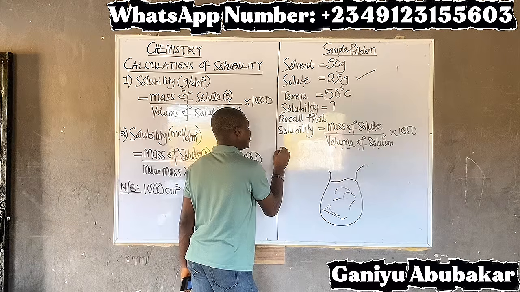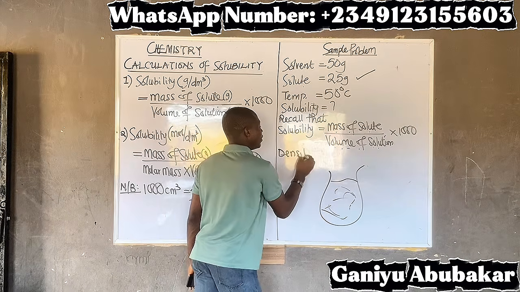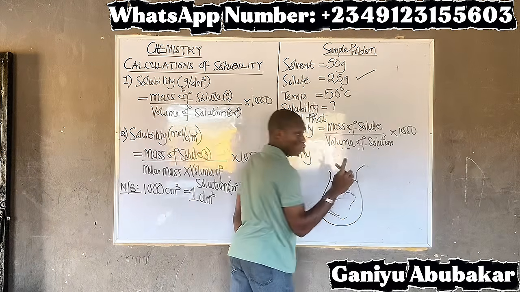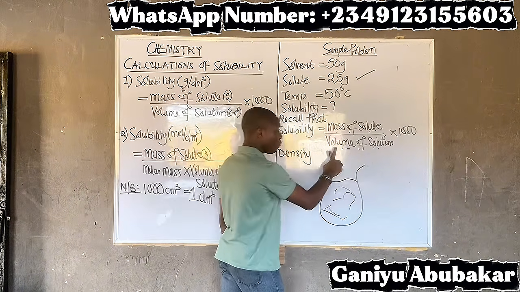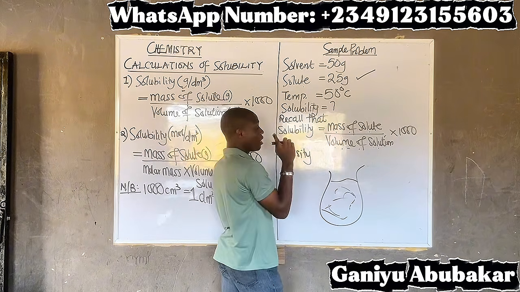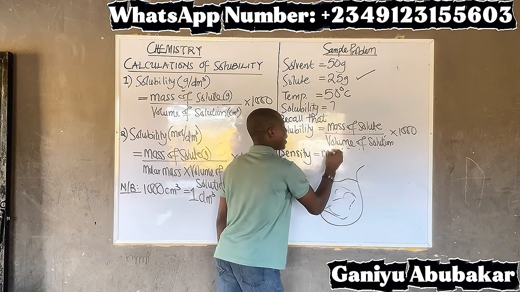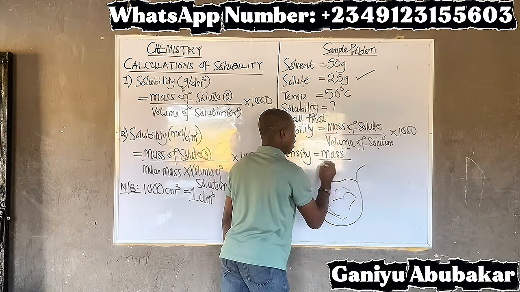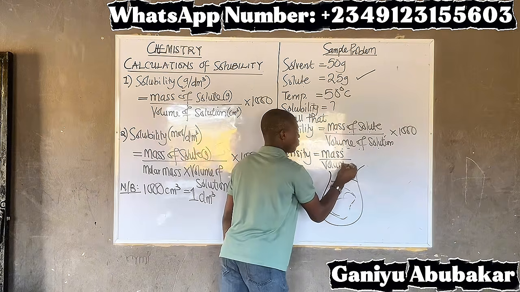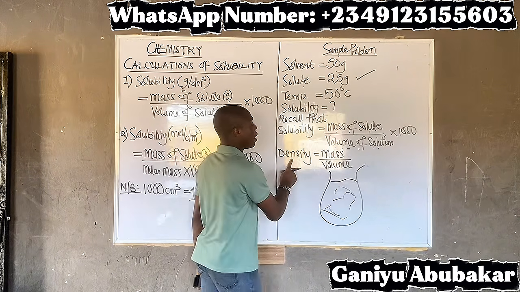We know before now that density, this stuff here has to do with water, right? I have combined water and salt here. That gives you volume of solution. Now, this density is what? Mass over volume, right? We know that density is mass over volume.